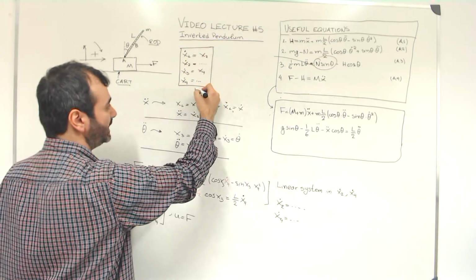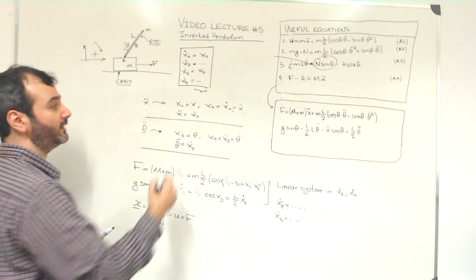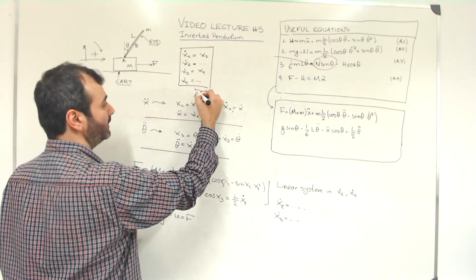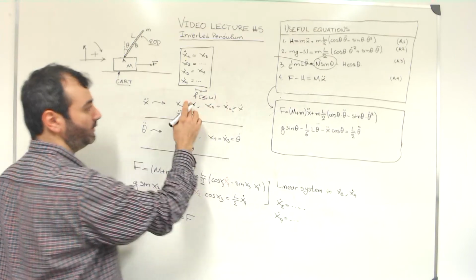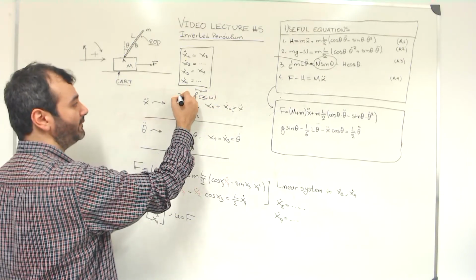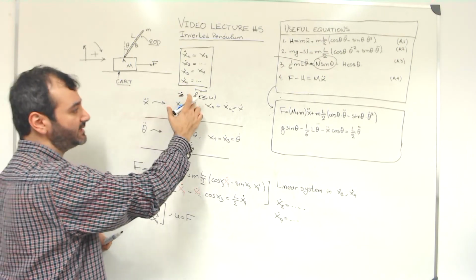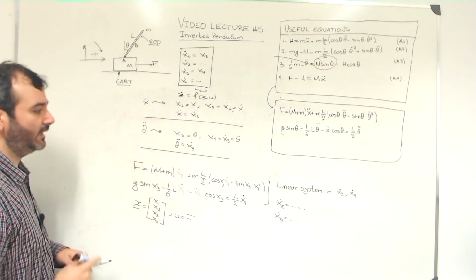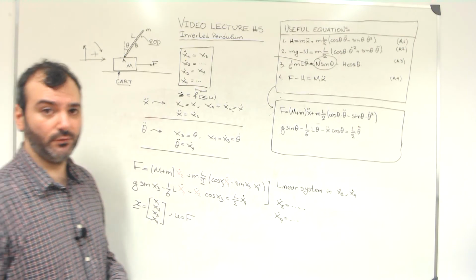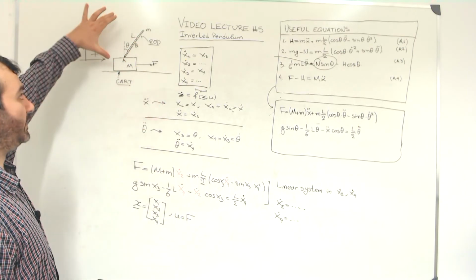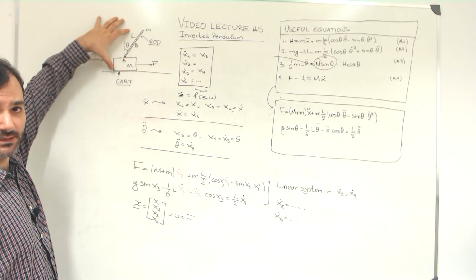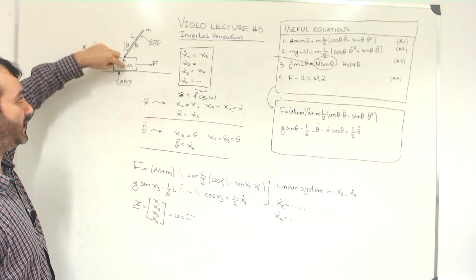And the right hand side here will define the function f of x underlined and u, and we'll have the state space representation x underlined dot is a function f of x underlined and u.